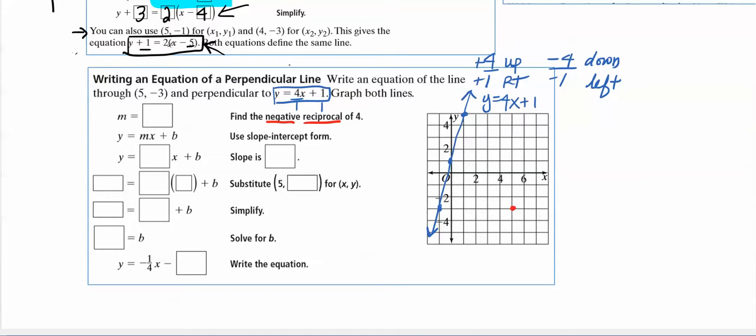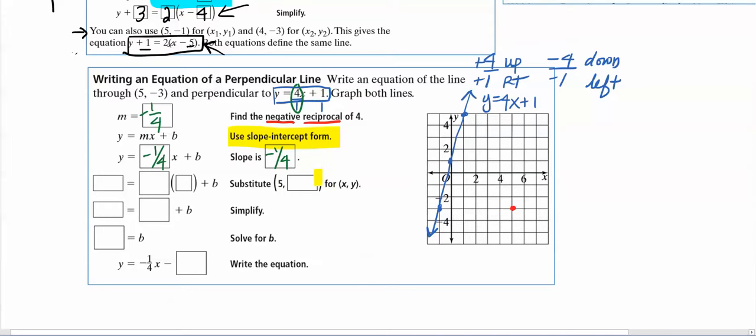So our slope here was 4 over 1. So we're going to take the reciprocal of it. That's 1/4. Put a negative in front of it since this was positive. So that's the slope that I'm going to use for m, negative 1/4. So this is a different way of finding a y-intercept. We're not using the point-slope form. We're using slope-intercept form.